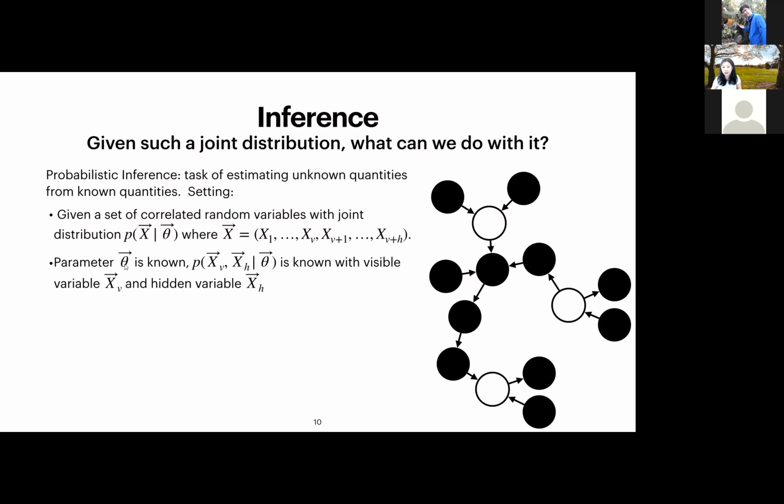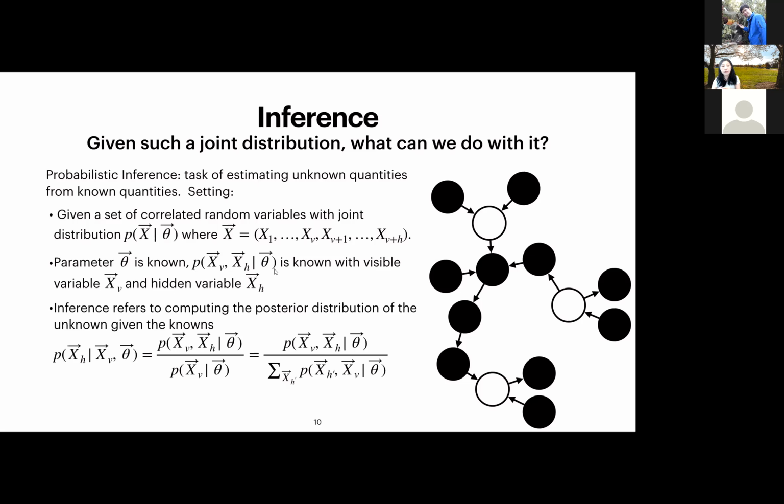Theta, in supervised learning, we can think of as just your model, but now in unsupervised learning it is the parameter that's characterizing your underlying joint distribution. Okay, so theta is known. So the probability of xv, xh given theta is known, with visible variable xv and hidden variable xh. Inference refers to computing the posterior distribution of the unknown given the knowns.